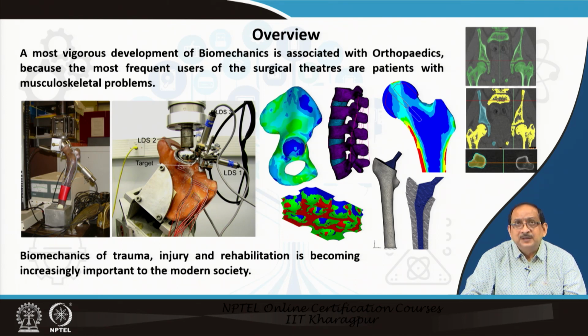The subject deals with analysis and design of orthopedic devices and implants that are frequently used to treat bone and joint diseases. So, biomechanics of trauma, injury and rehabilitation is becoming increasingly important to the modern society. Thus, diagnosis, surgery and prosthesis are closely associated with biomechanics.